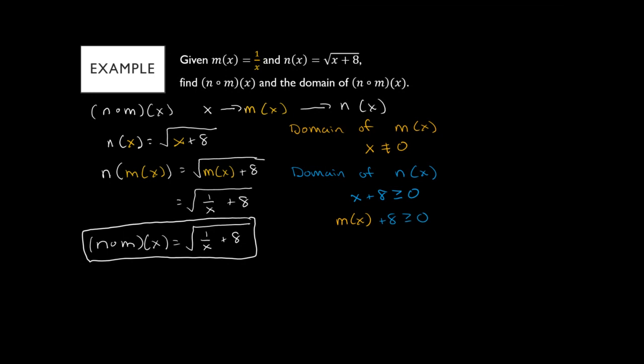Then m is equal to 1 over x. So we get 1 over x plus 8 is greater than or equal to 0. And so now we're solving this inequality. So I subtract 8 from both sides, and you get 1 over x is greater than or equal to negative 8.